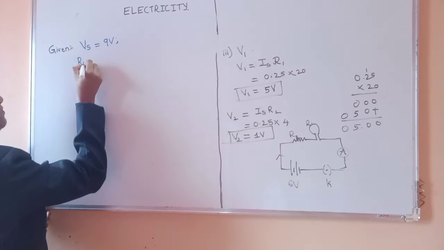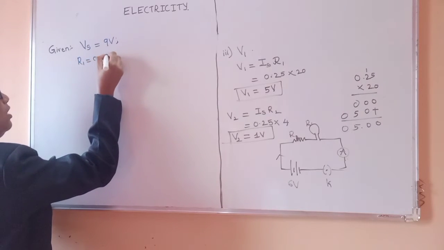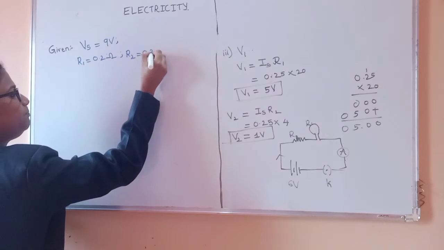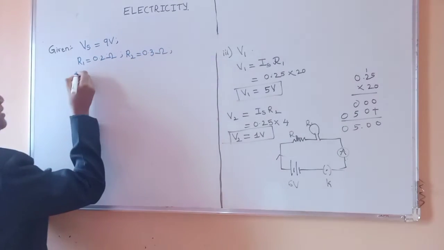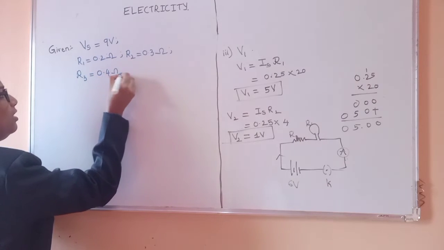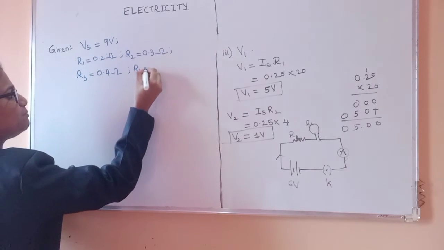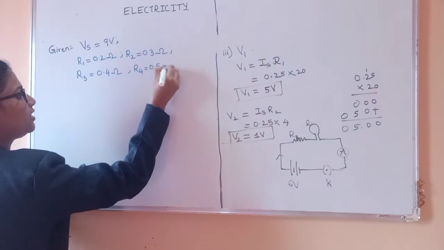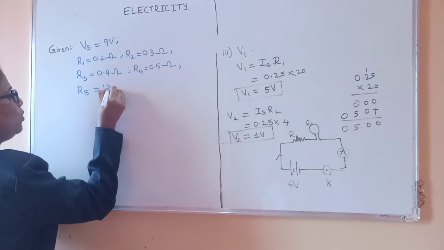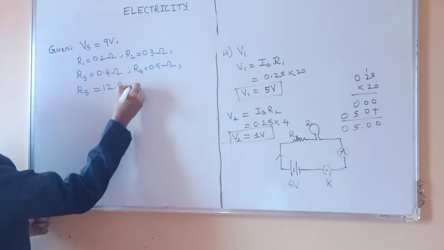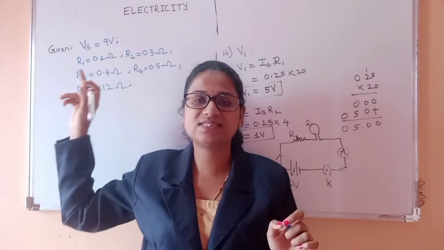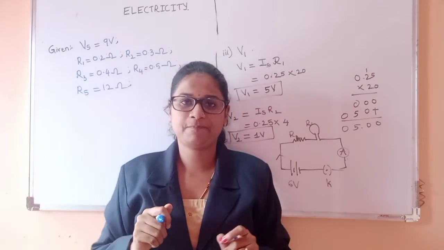Then they have R1 as 0.2 ohm, R2 as 0.3 ohm, R3 as 0.4 ohm, R4 as 0.5 ohm, then R5 as 12 ohm. So the 5 resistors are connected in series to a 9 volt battery.